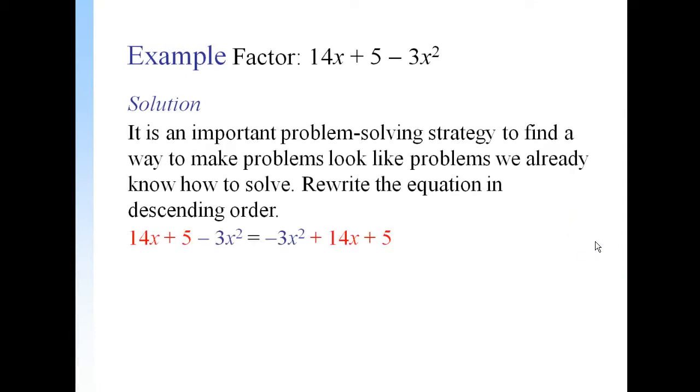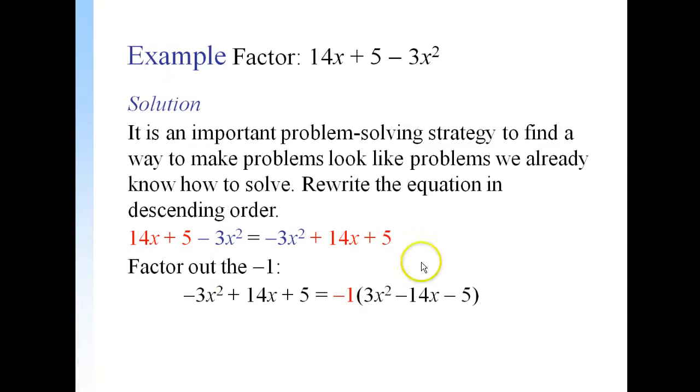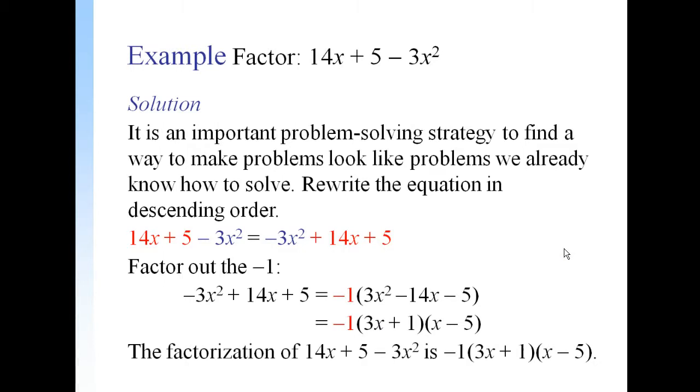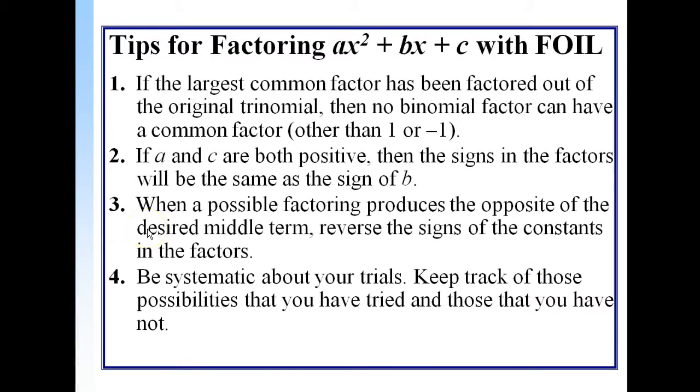So that's what they're doing. And they're factoring out the negative 1. And there we have that. And the factorization is that. And you could have put the negative 1 in there. I see they didn't do that. That's okay.